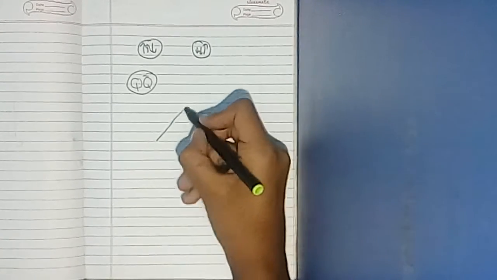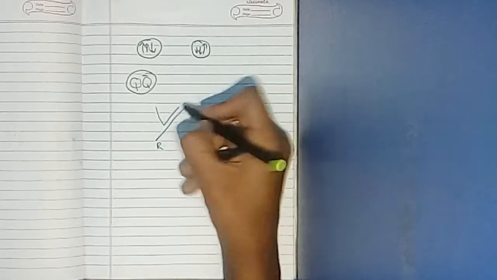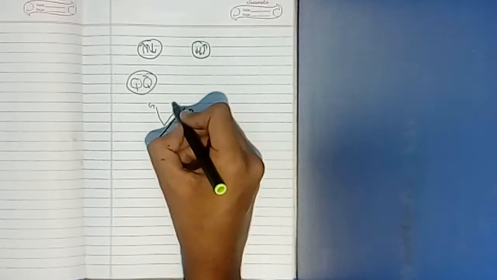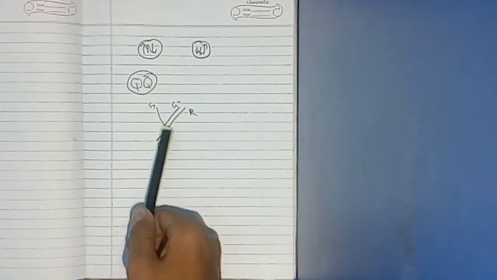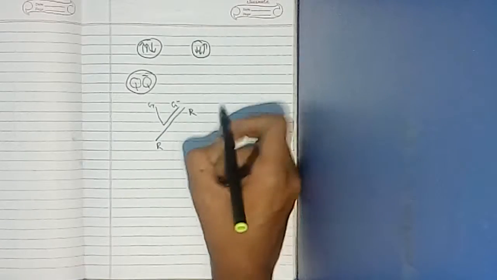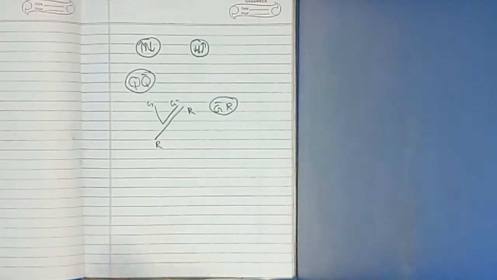Now let us see how you can convert a red quark into a green quark or a blue quark. Here we have a red quark coming in and going out, and we have a green bar green pair production. Now what we can see here is the red quark becomes a green quark with the emission of a green bar red gluon.